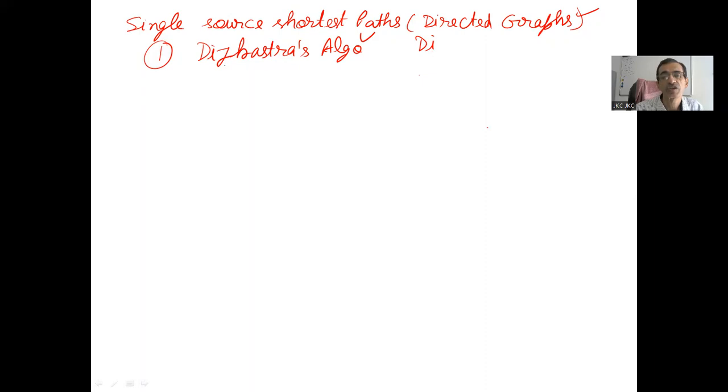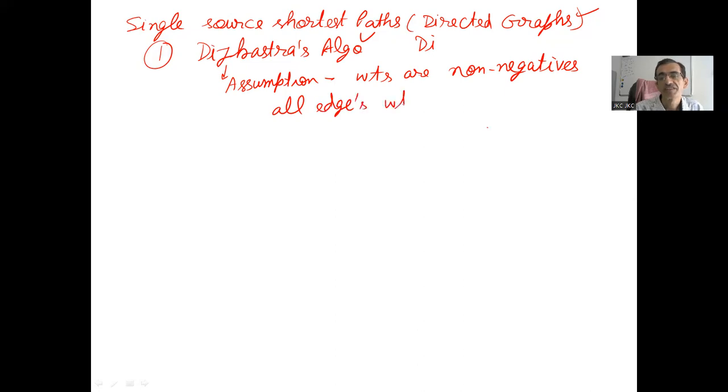With the Dijkstra algorithm, the assumption is nothing new. You already know that all weights of the edges are non-negative always. That means all edge weights are greater than or equal to 0. Of course, we have not used negative weights till now, so this is perfectly fine.